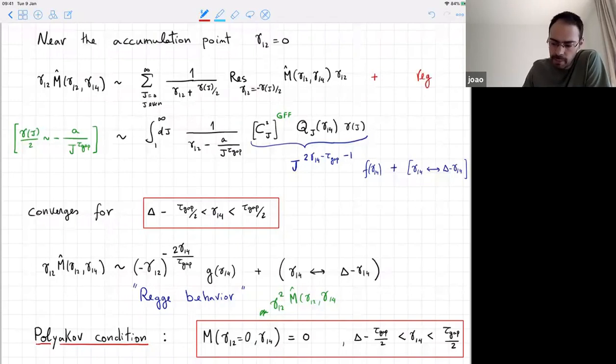But since I multiply by gamma 1, 2, in this formula it will be gamma 1, 2 times regular.